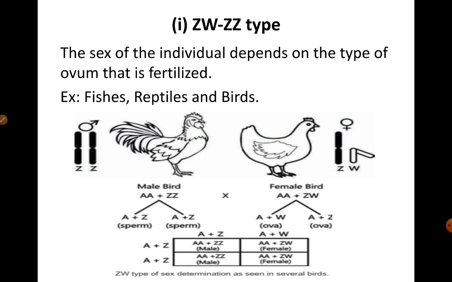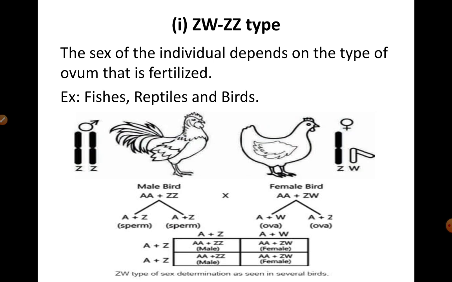The females produce two different types of eggs, A plus Z and A plus W, and the male gametes or sperms are of only one type, that is A plus Z. So when they fuse, they form equal proportions of male and female.